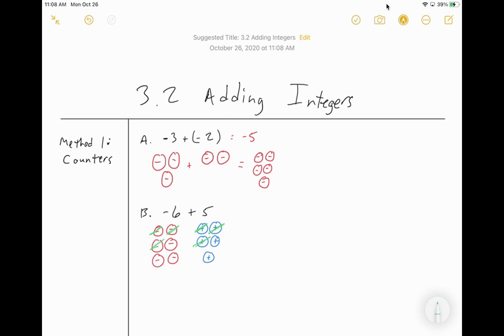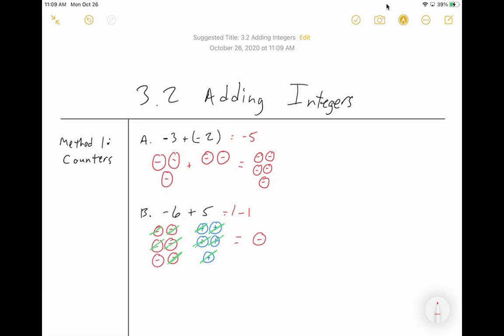This negative cancels with this positive. So what do we have left, right? You look and you see, what do I have remaining? Well, I've just got one red one remaining, which means my answer is -1. That make sense?